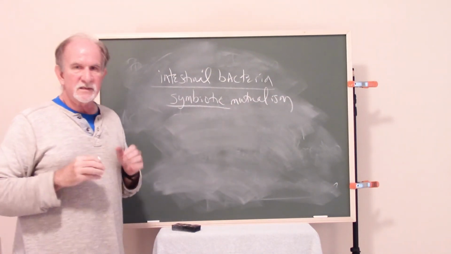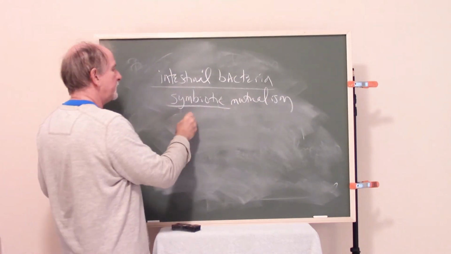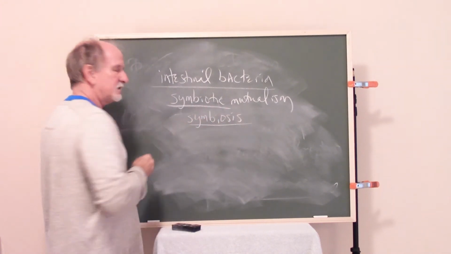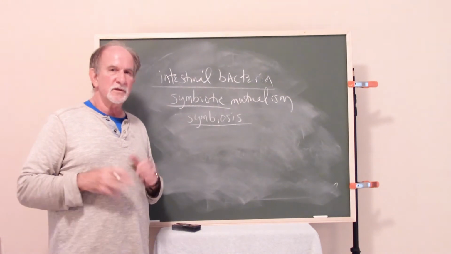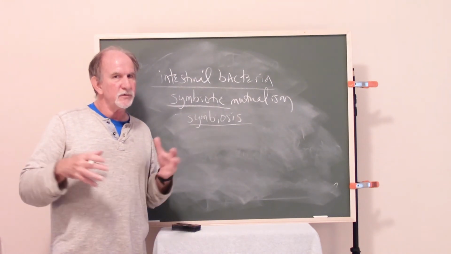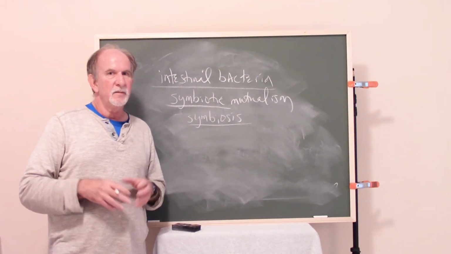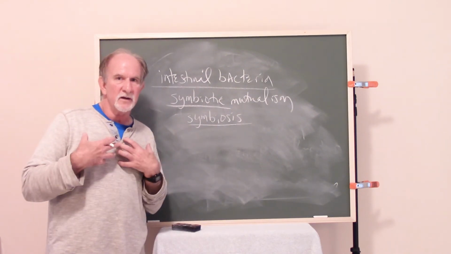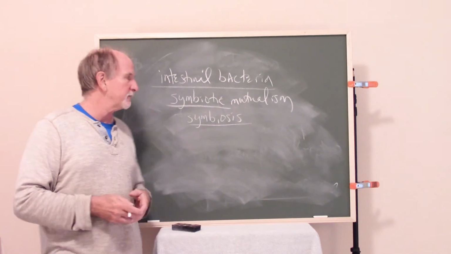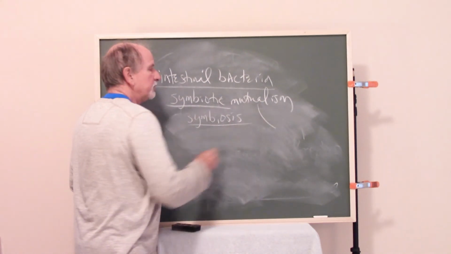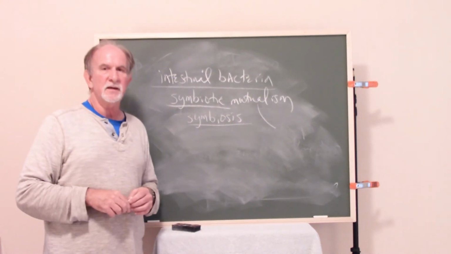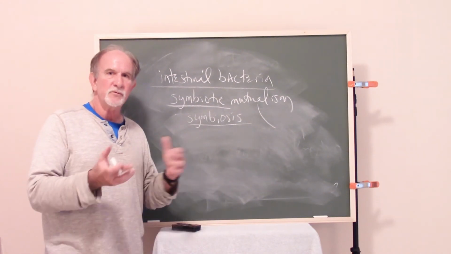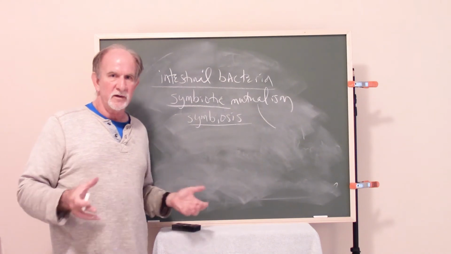So the word symbiotic comes from symbiosis. And symbiosis is a word used to describe an intimate or close living relationship between 2 different organisms. In this case, us and our intestinal bacteria. The term mutualism means that the symbiotic relationship is of mutual benefit to both parties.